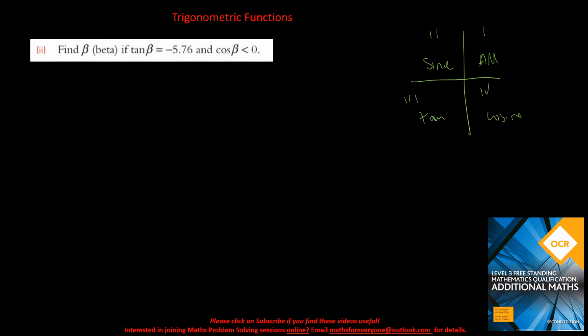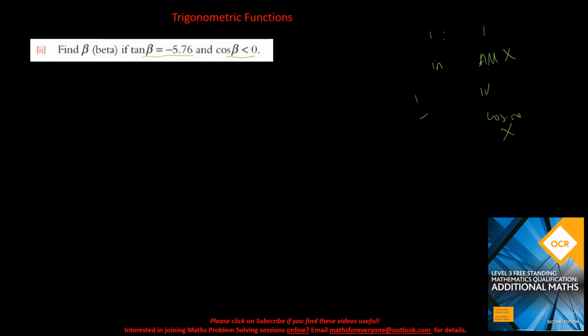Tan beta is minus 5.76, so tangent is negative. If it is negative tan, it cannot lie here, it cannot lie here. It can be in 2 and 4. Now look at cos beta is less than 0. So cosine is negative, so it can't lie here. So my angle will lie in quadrant 2. This is where the angle will lie.